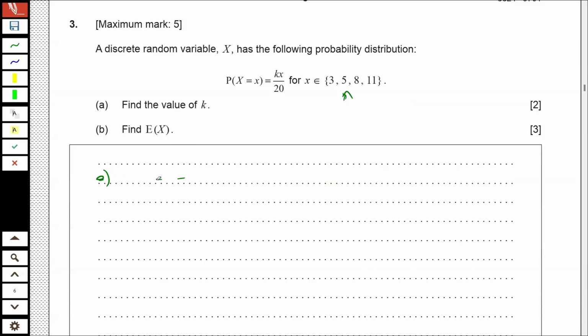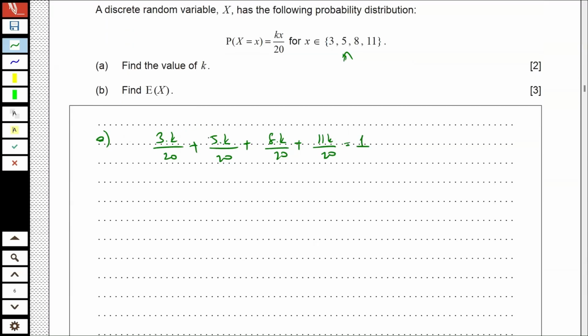Or you can also write directly 3k divided by 20, 5k divided by 20, 8k divided by 20, 11k divided by 20. It's gonna be 1. From here you can write 27k divided by 20 equals 1, so k equals 20 divided by 27.